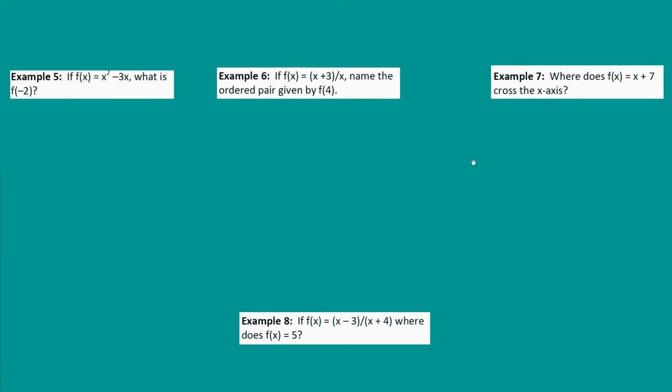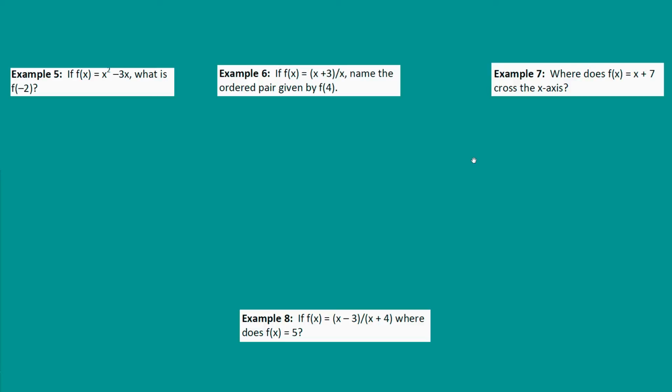The second part of this lesson is talking about plugging values in to a function. That just means that instead of having x, I'm going to substitute x with the number they're giving. So if f of x equals x squared minus 3x, f of negative 2 means I'm just going to plug in negative 2 for all of those values of x.